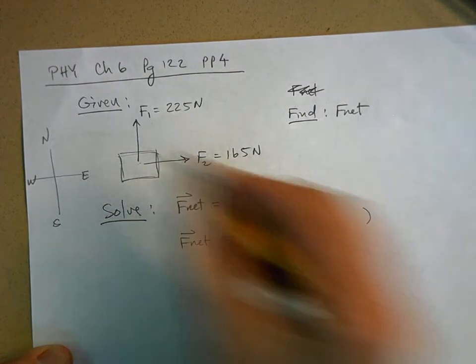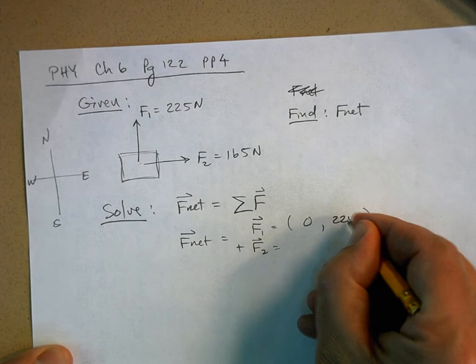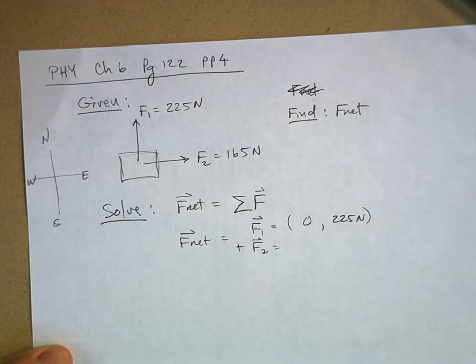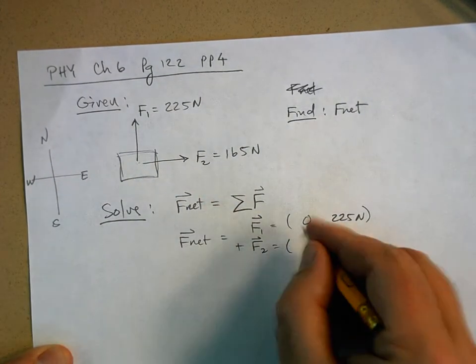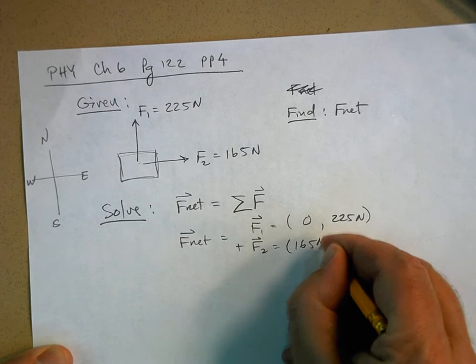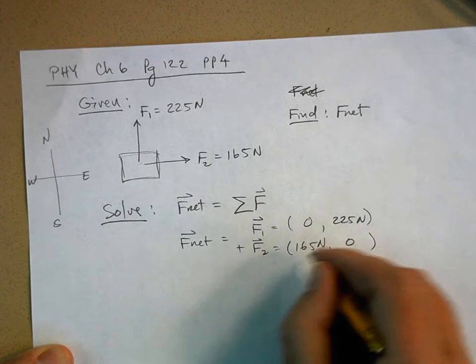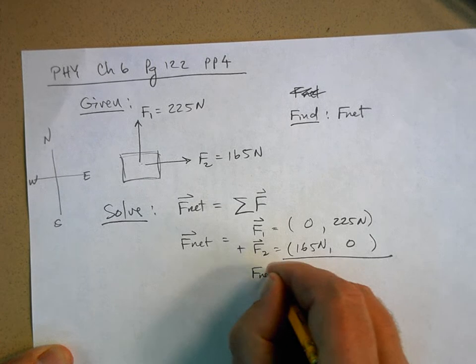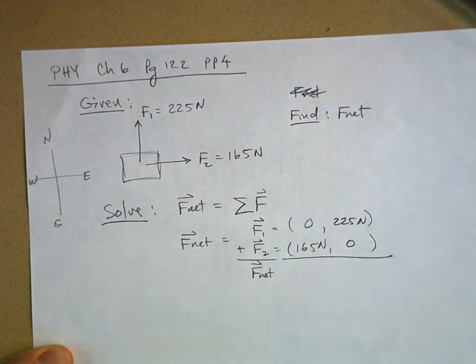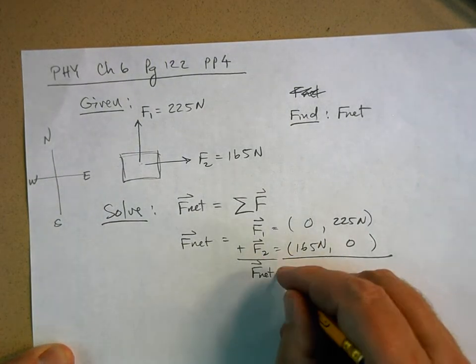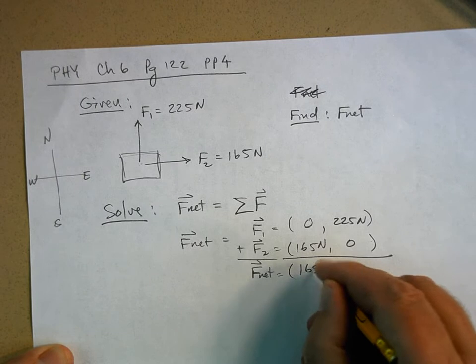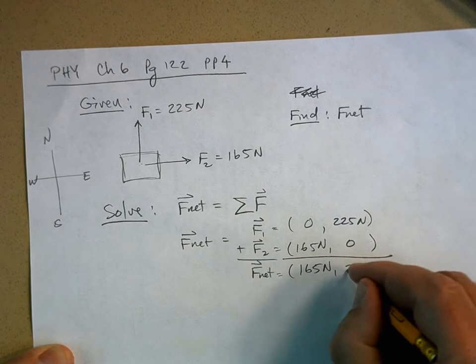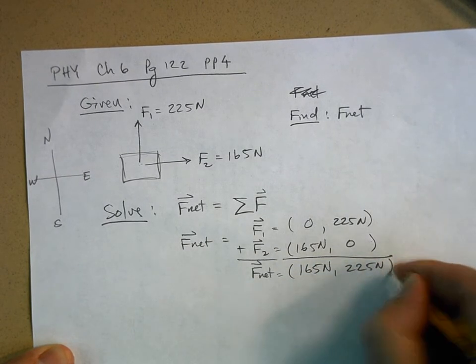How much in the Y? 225 Newtons. And then F2 is 165 Newtons and 0. So the net force is what you get when you add those together. So I get 165 Newtons in the X direction and 225 Newtons in the Y direction.